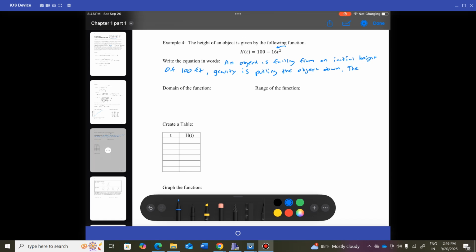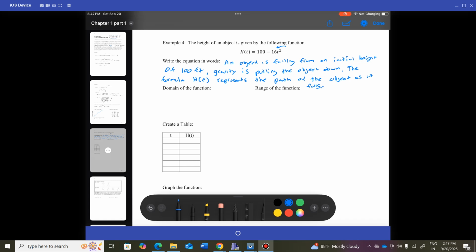The formula H of t represents the path of the object as it falls. One thing I did not include, but that is true with this, is it's dropped.